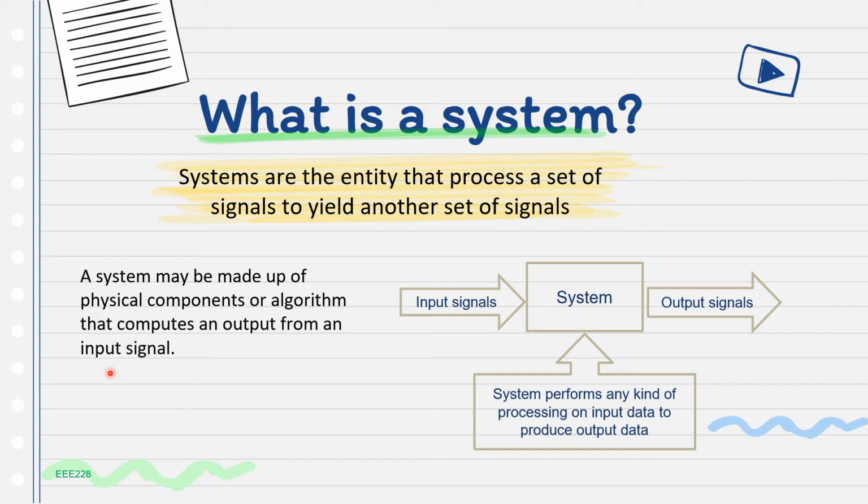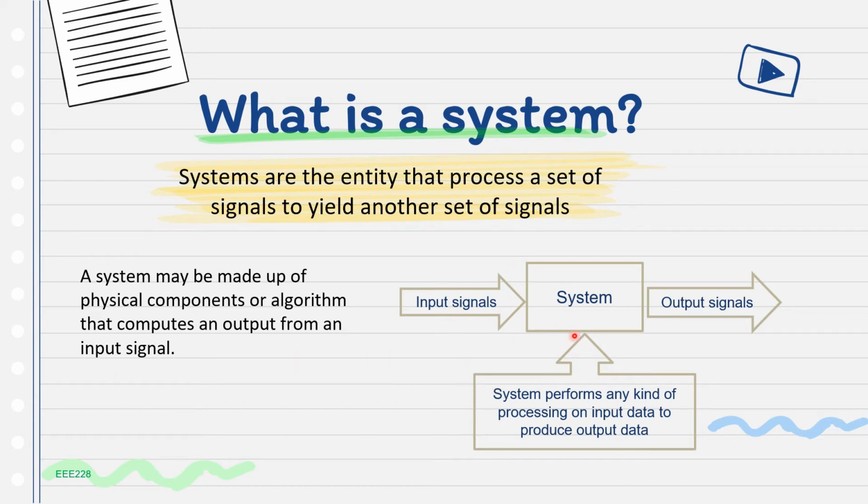So systems are not necessarily physical components or hardware. We can also have algorithms as systems where we have input and output. We apply input to the algorithm, where then the algorithm will produce output. So the whole thing can also be considered a system.